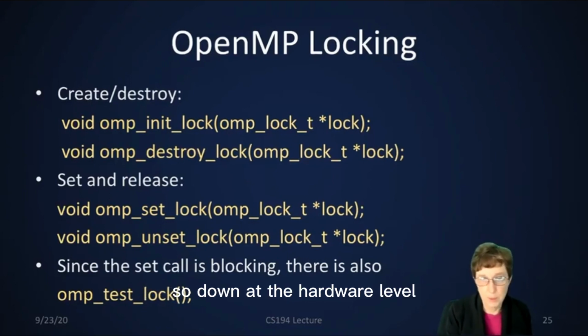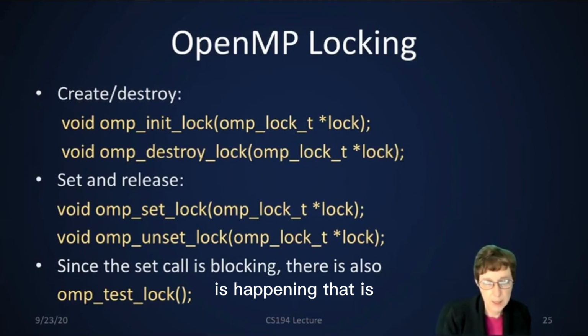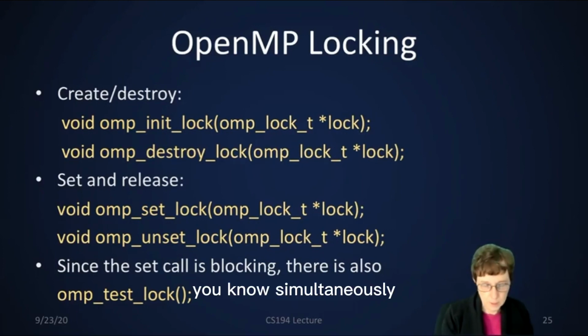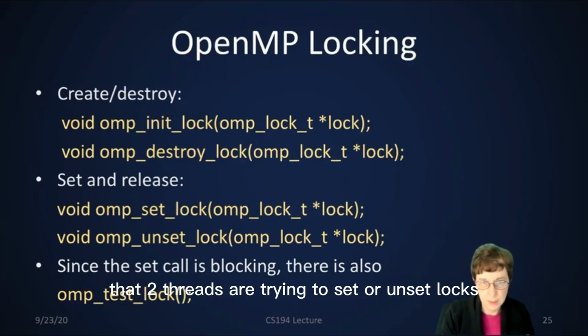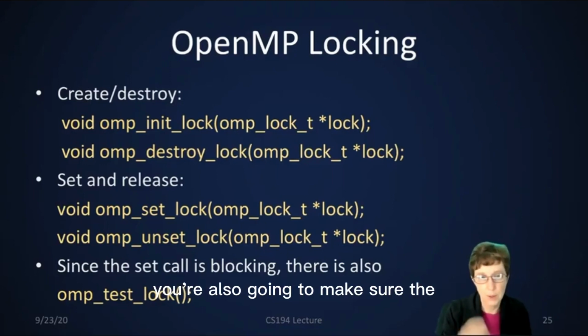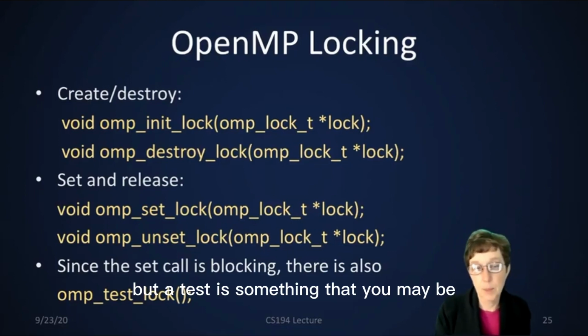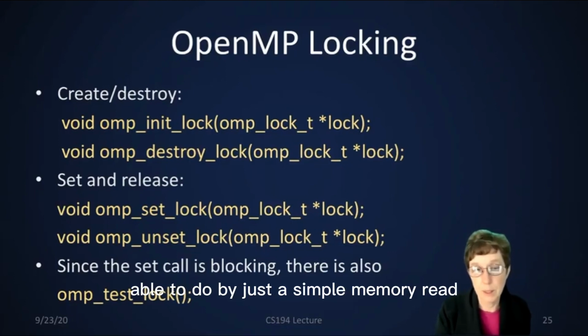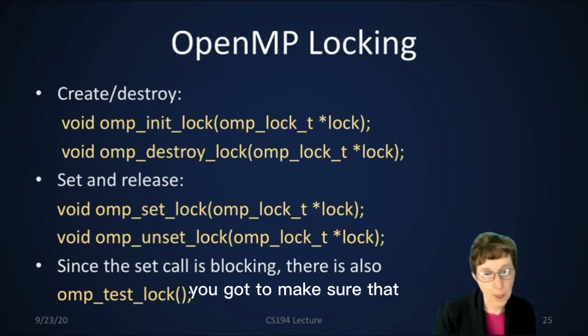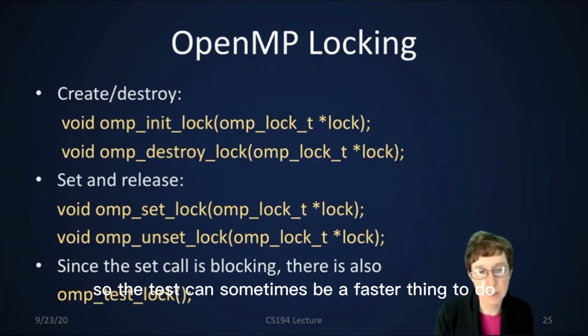Down at the hardware level, it's got to make sure that two threads are not trying to set or unset locks, in particular set locks, at the same time. You've also got to make sure the unset happens correctly. But a test is something that you may be able to do by just a simple memory read, depending on exactly how the hardware implements that. So the test can sometimes be a faster thing to do.